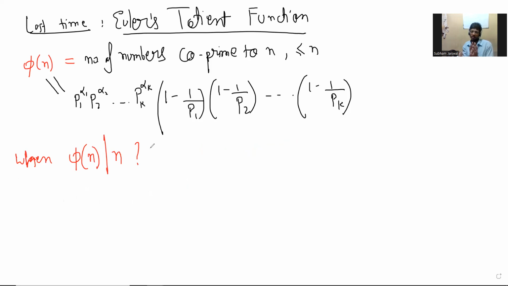It seems to have a lot of factors in common, but then, so what? Can it divide n? Can you give some examples, at least, or say something more? Because phi of n is less than n, that's clear. But when does it divide n is the question.